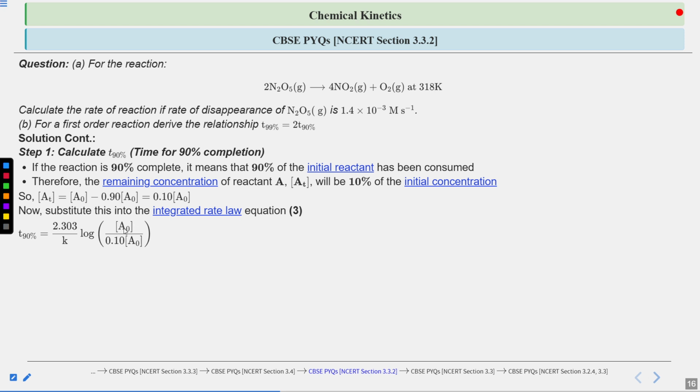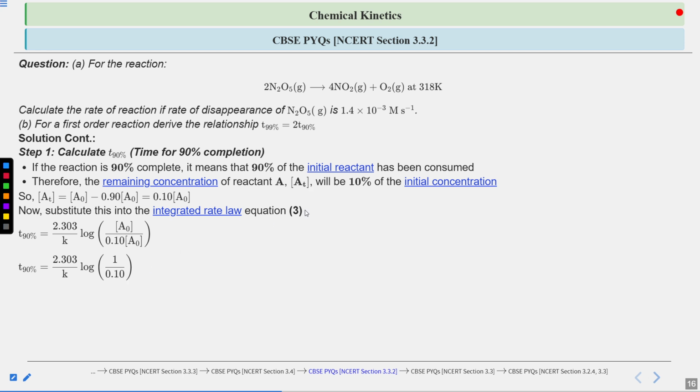So initial is A naught, final is what we just derived, 0.10 times A naught, right? So t90 comes out as this. From here you can cancel out A naught, right? Now t at 90% is equal to 2.303 by K log of 1 upon 0.10, right?